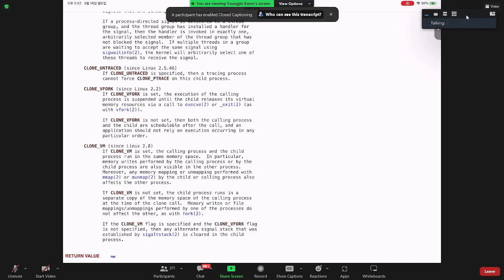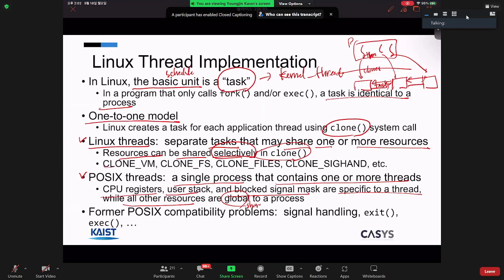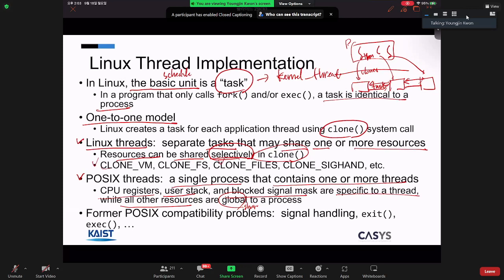Okay? All right? Do you understand what I'm talking about? In this regard, the Linux thread implementation is much more flexible. A wide range of implementations is possible, including, if we set all these flags, one identical to POSIX thread. And you can fine-tune sharing using this clone flag.